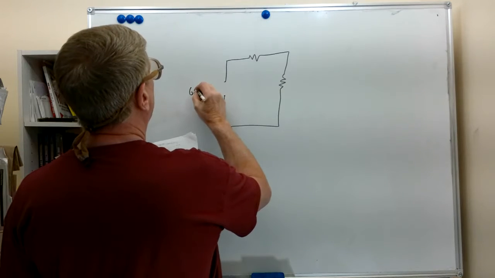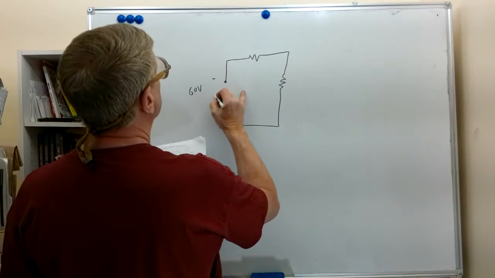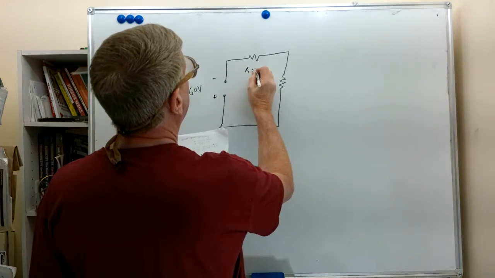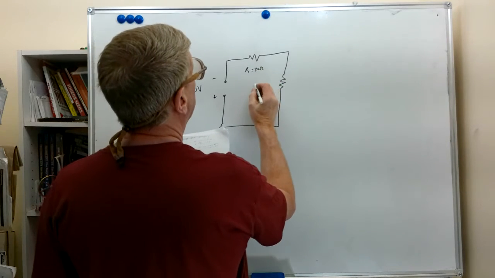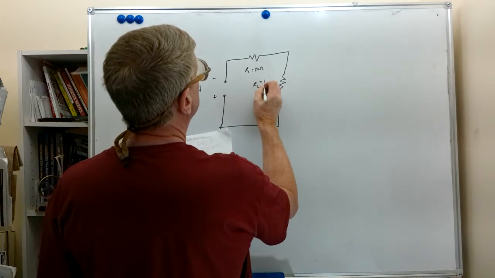We've got a 60 volt power source. We've got R1, which is 20 ohms, and we have R2, which is 10 ohms.